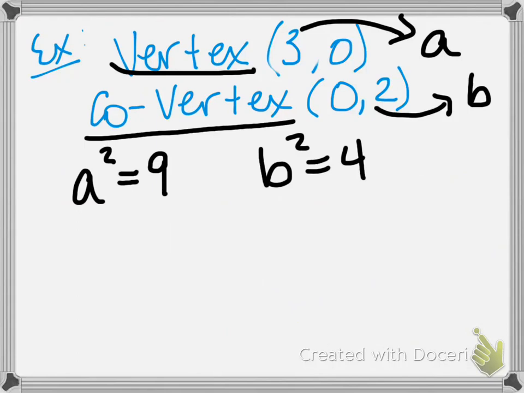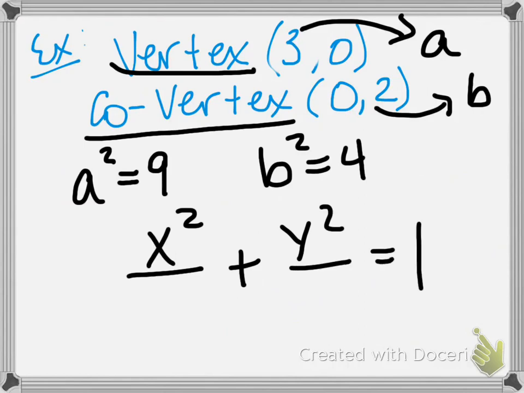So now when I go to write the equation, I need to know what goes with x squared and what goes with y squared. And remember, all of these equations always are going to equal 1. So how do I know? Well, when you look at the a up here, the bigger number, it's in the x position of the coordinates.